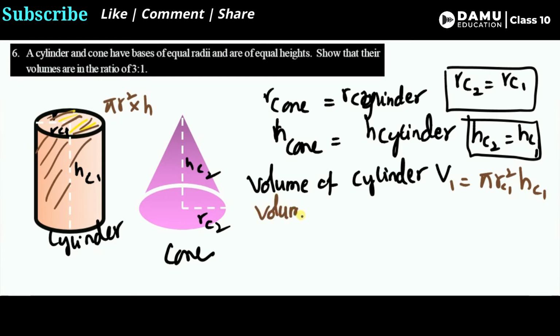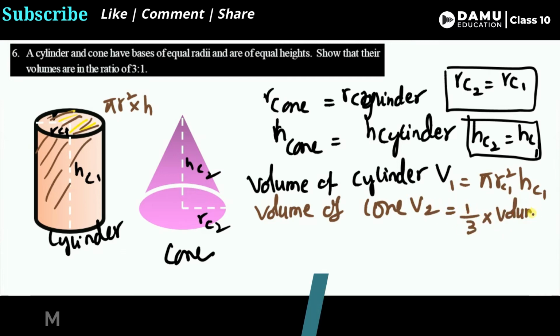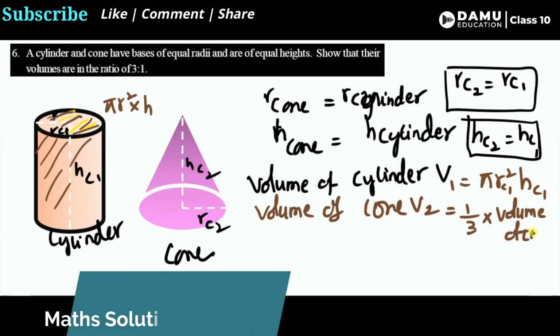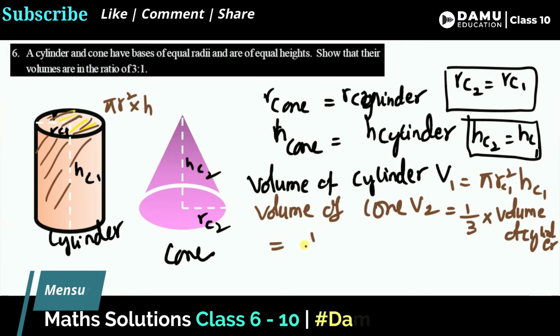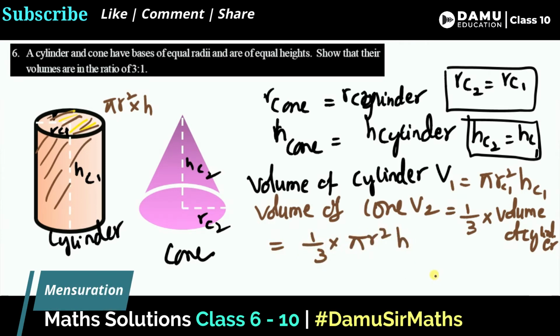The volume of the cone V2 will be equal to 1/3 of the volume of the cylinder, so that is 1/3 pi r square H. This is the volume of the cylinder and the volume of the cone, with R_C2 and H_C2.